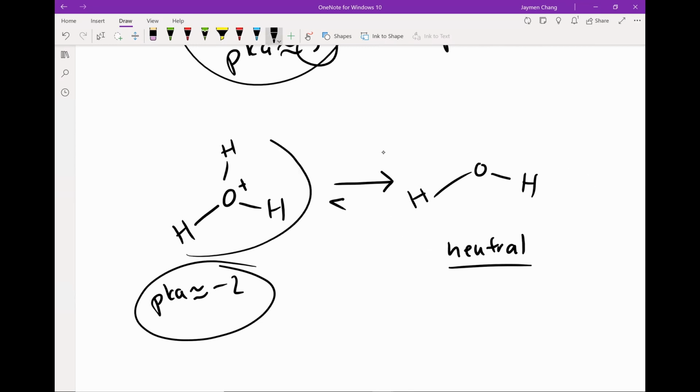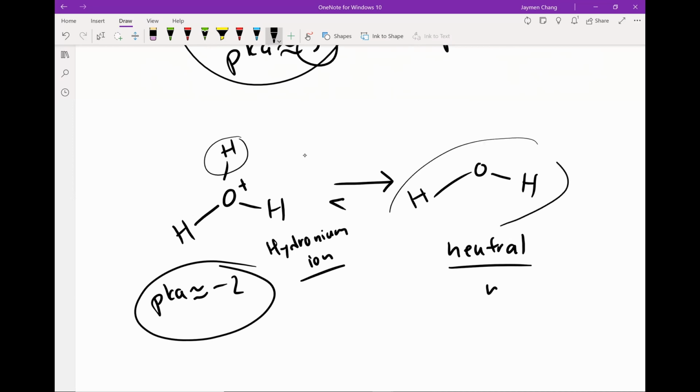So generally, this hydronium ion wants to give away a proton. Remember, an acid is a proton donor, that's the Bronsted-Lowry definition of an acid. This hydronium ion is going to want to give away its proton so that it becomes neutral as water.